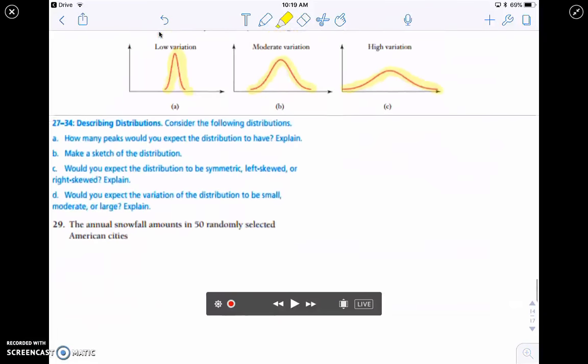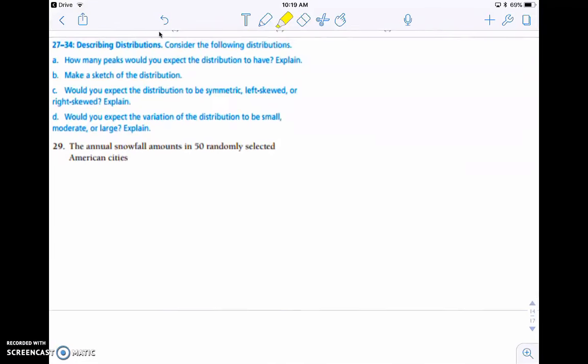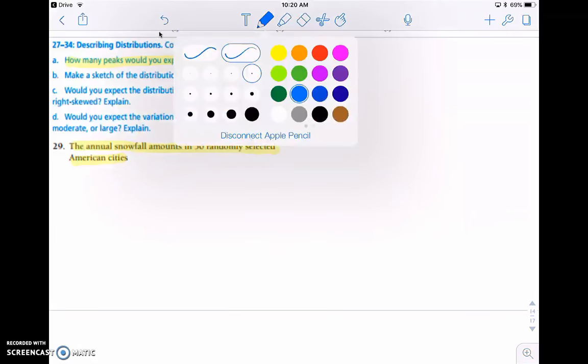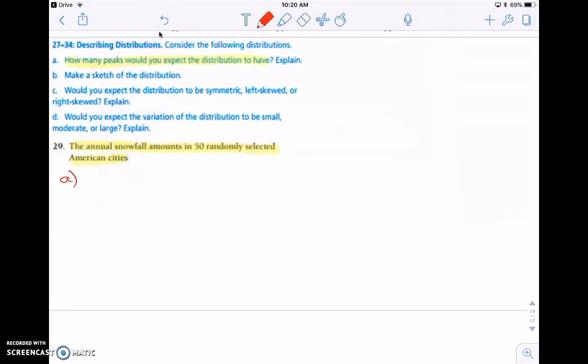So in this problem right here, we are going to look at the annual snowfall amount in 50 randomly selected American cities. How many peaks we would expect there to be is part A. So if we look at 50 cities, how many peaks would we expect there to be?